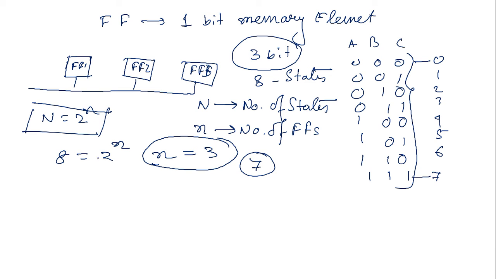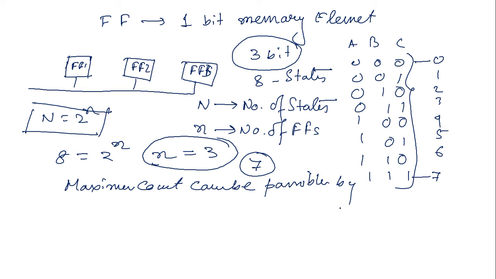We can express this by a formula. The maximum count possible by using an n-bit counter is 2 to the power n minus 1.